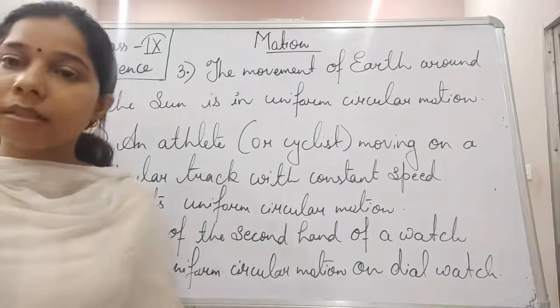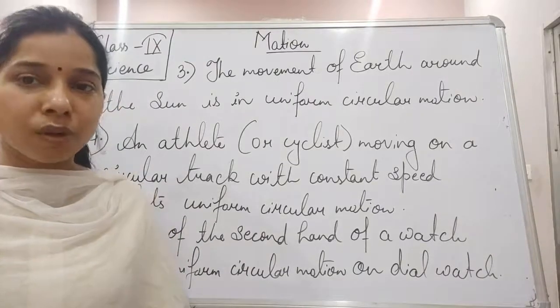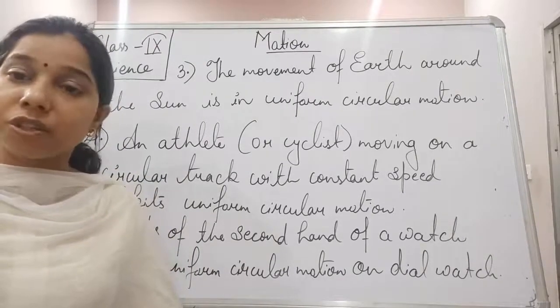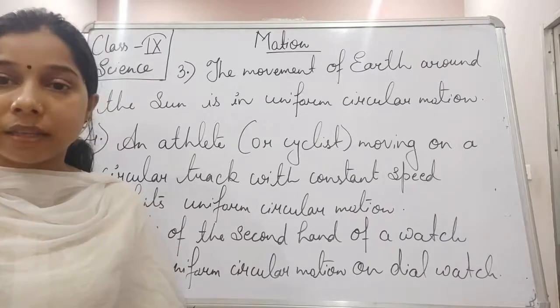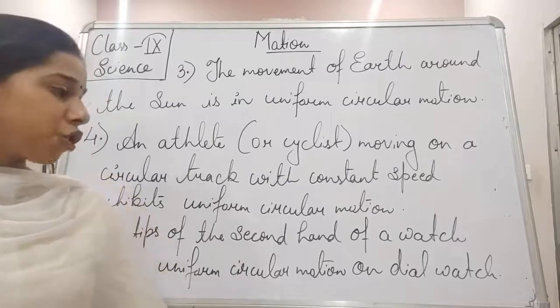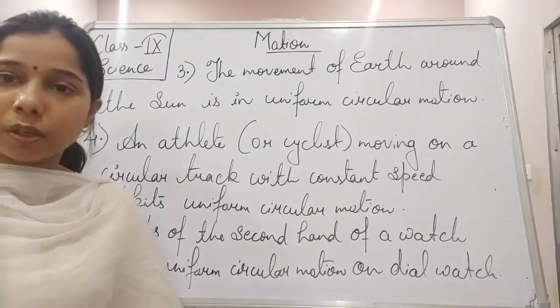Try to understand this: when an object is moving in a circle and is continuously changing its direction, we say that it is showing uniform circular motion.